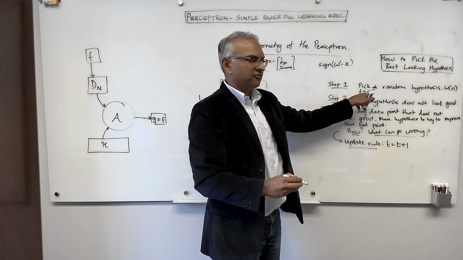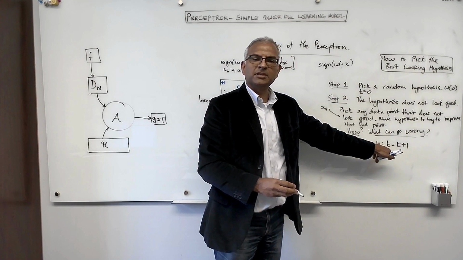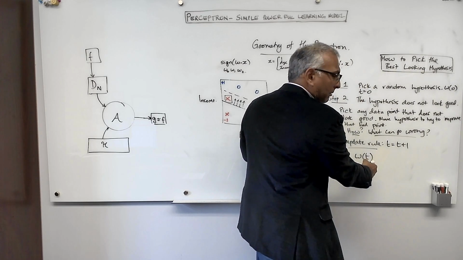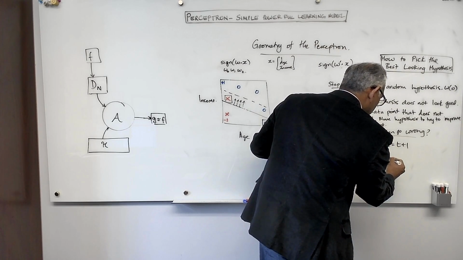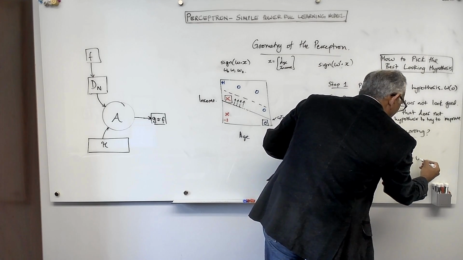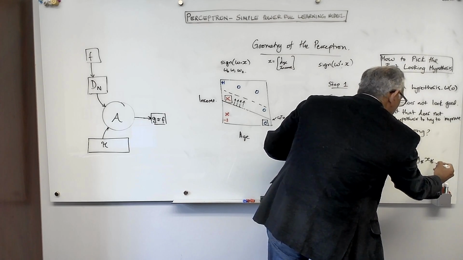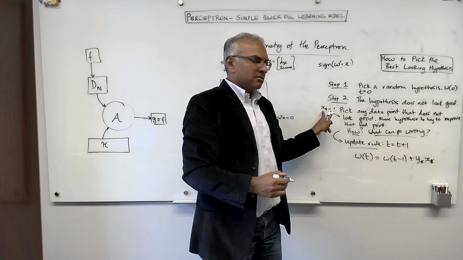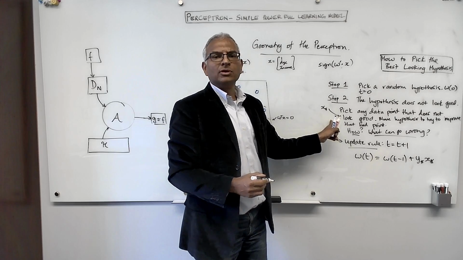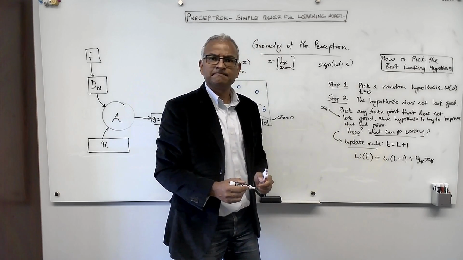So at the first step t equals 0, so now at the second step t equals 1. And w of t, which would be w of 1, is equal to w of t minus 1, so whatever it was before, plus y star x star, where x star is the input vector for any bad-looking data point. So we make the update.